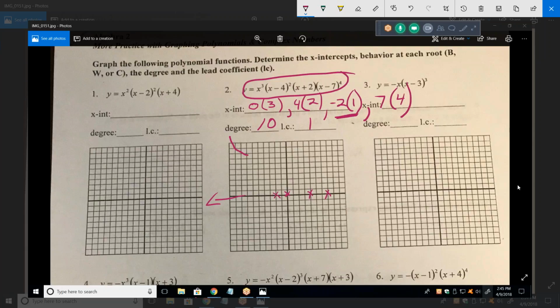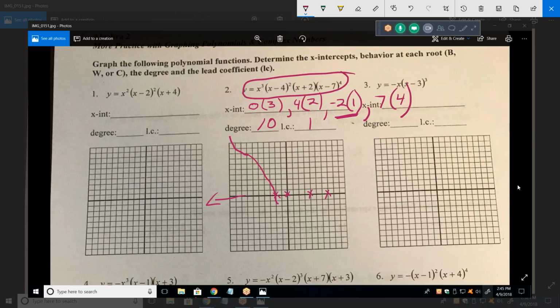What's the multiplicity at minus 2? What is the multiplicity at the 0 of minus 2? Oh, 1. Okay. What does that tell you? Does it go through the x-axis or bounce? It goes through.